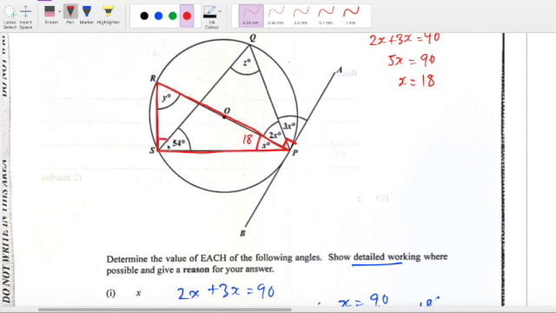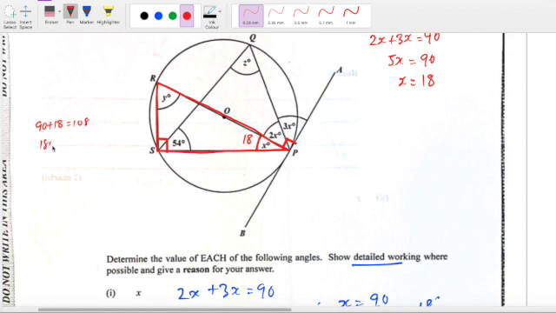This is 90 degrees, because angles in a semicircle form 90. So that means that this angle here will actually have to be 90 plus 18, which is 108, and then 180 minus 108.